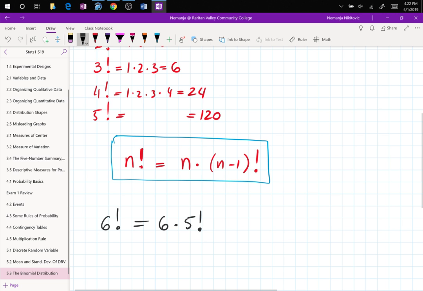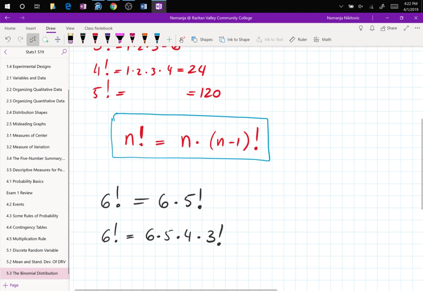You can also go with 6 factorial and write it as 6 times 5 times 4 times 3 factorial, because maybe you need to cancel 3 factorial, so you just peel off all of the other terms. So this would be 120 times 3 factorial for the 6 factorial.